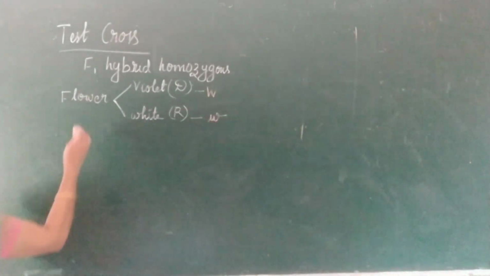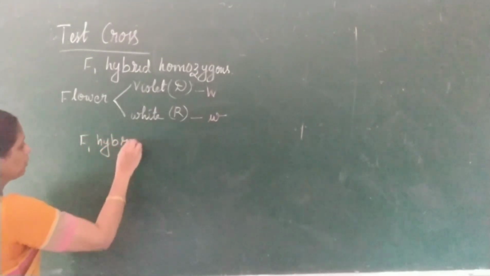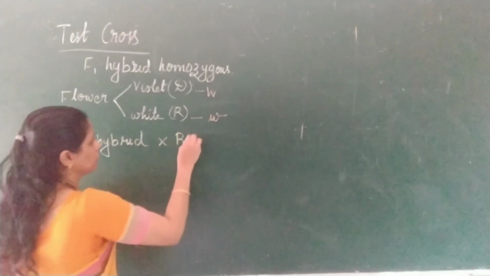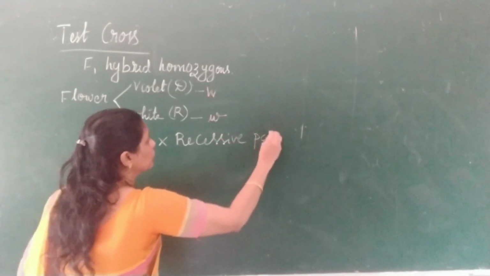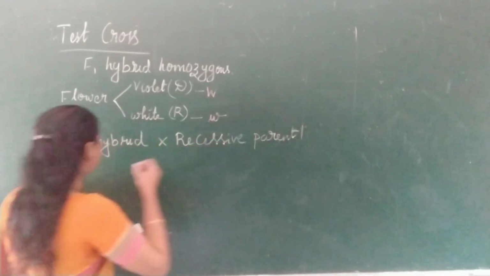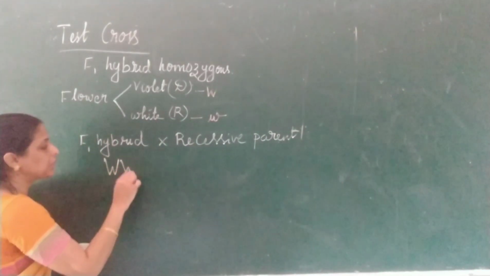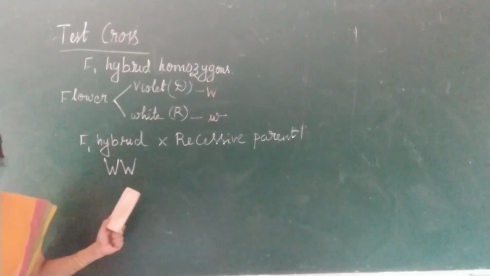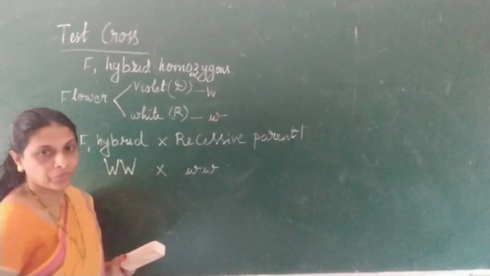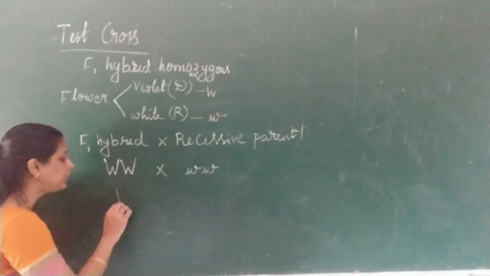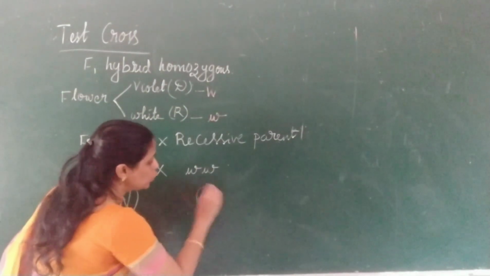So if the F1 hybrid was homozygous, then what will happen? F1 hybrid will be capital W. That means all the flowers will be violet. And recessive parent is small w. Right? So from here all the gametes will be capital W and here all the gametes will be small w.